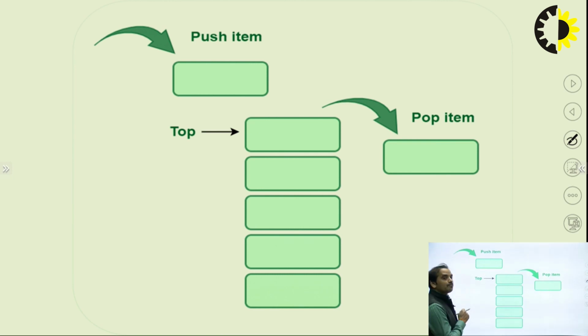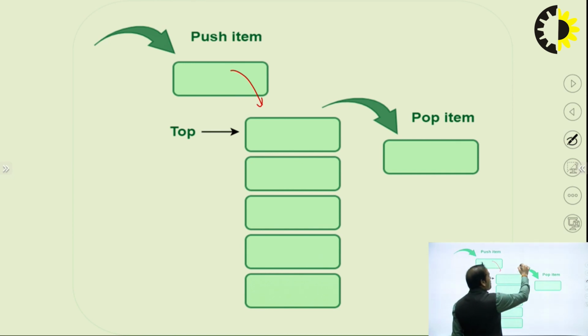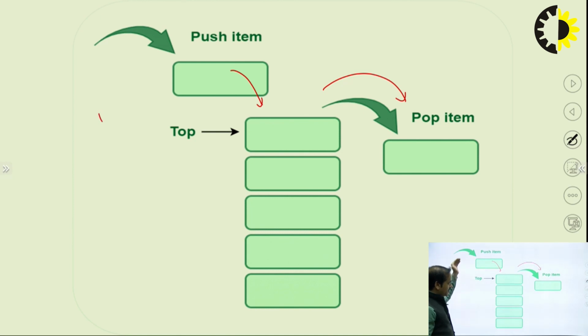If we want to push an item into the given list, we insert like this, and if we want to delete an element from the list, we perform the operation like this. That means pushing from the top and removing from the top; each operation must be performed at the top of the stack.